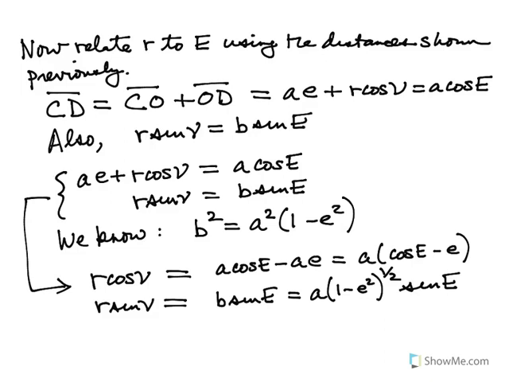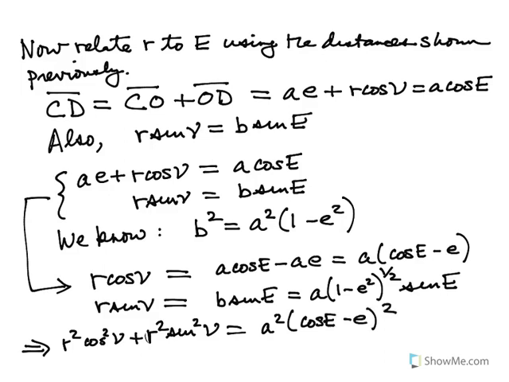Because if I take the sum of the squares on this side, I've got r squared cosine squared nu plus r squared sine squared nu, which has to equal a squared times cosine E minus little e squared plus a squared times 1 minus e squared times sine squared E. So now the left-hand side just becomes r squared.